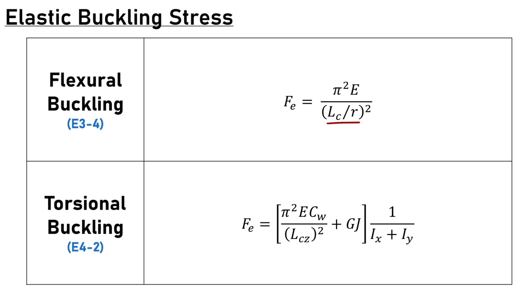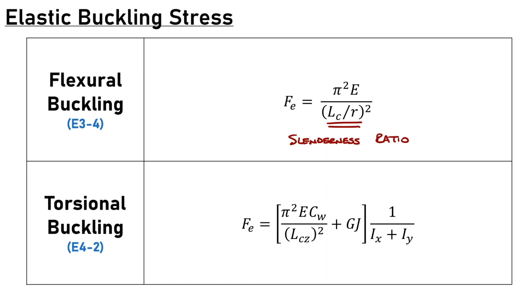It will also depend on the length of the column, with a shorter column being more difficult to buckle and a longer column being easier to buckle. So Lc over r is known as the slenderness ratio. Lc is the effective length of our column, so that accounts for bracing and also the boundary conditions at the two ends. And r is going to be the radius of gyration about either the weak or the strong axis.